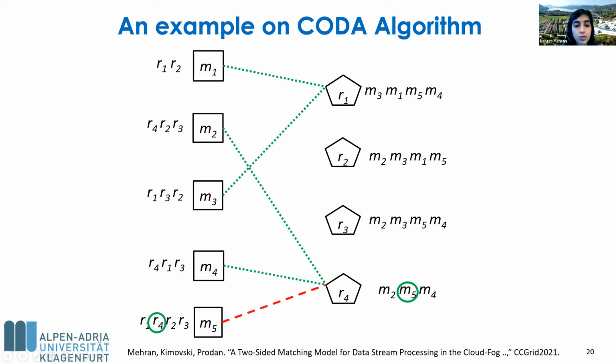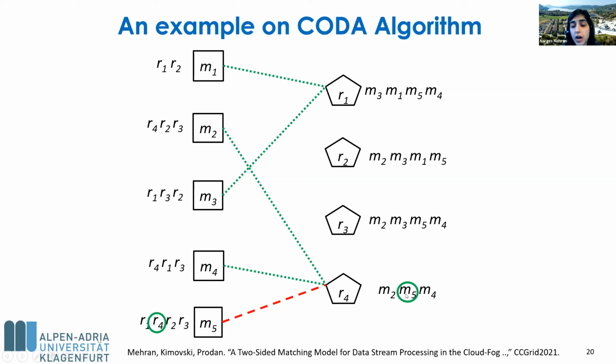M5 will look into its preference list because R1 doesn't have enough utilization to host M5. Then it tries to be matched to R4, and it proposes to R4. R4 looks into its preference list and says that M5 is ranked, but R4 actually doesn't have enough capability in terms of CPU, memory and other capability to host M5.